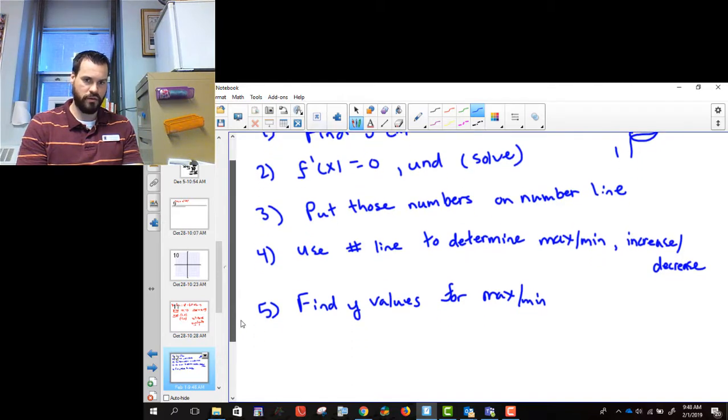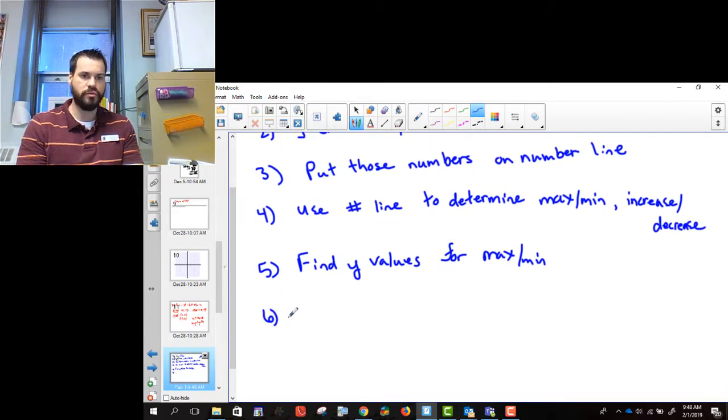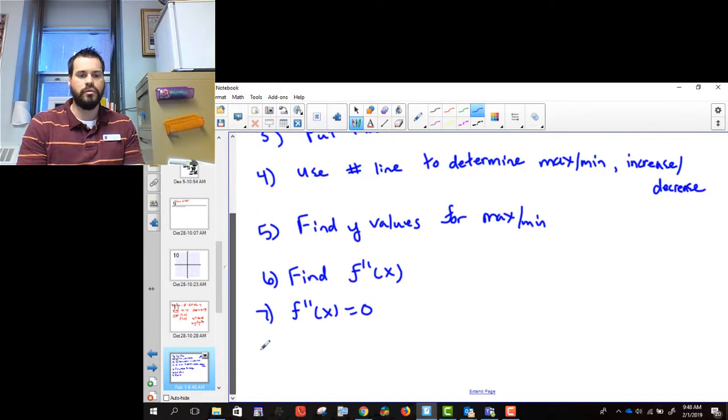So once you've done all of that information, then you do the same thing for the second derivative. So you find f double prime of x, you set it equal to 0, you then solve that, 0 and undefined, and create a number line.